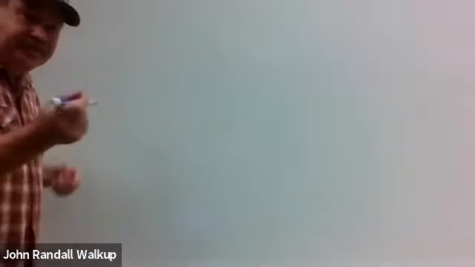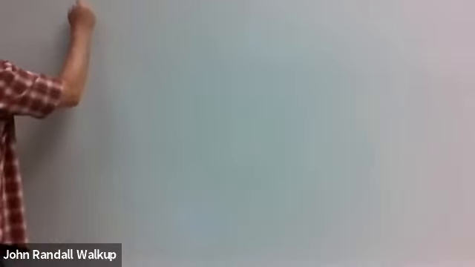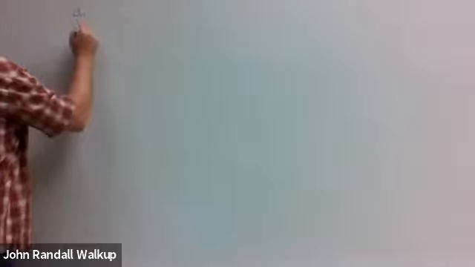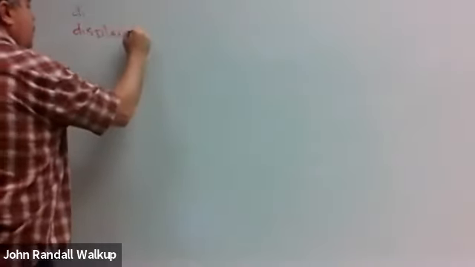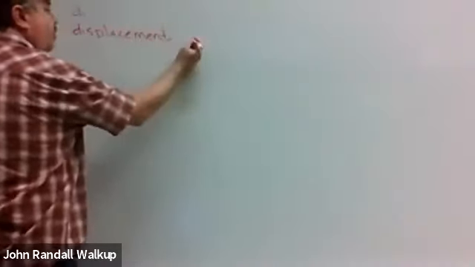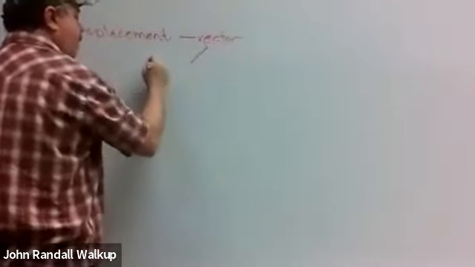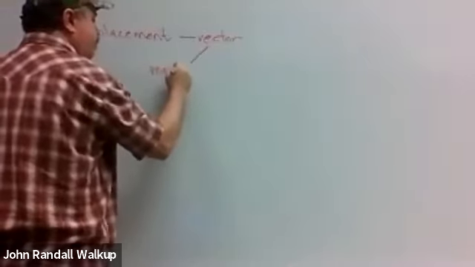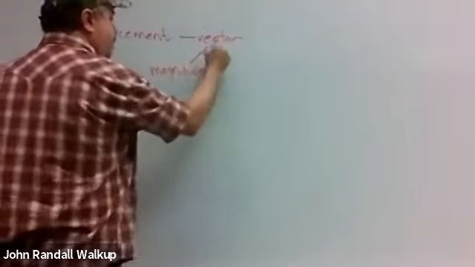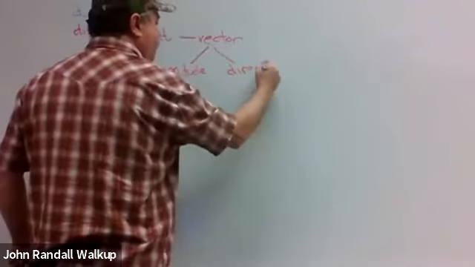Last time, we introduced the displacement, D, which we said was a vector, meaning it had a magnitude and a direction associated with it.